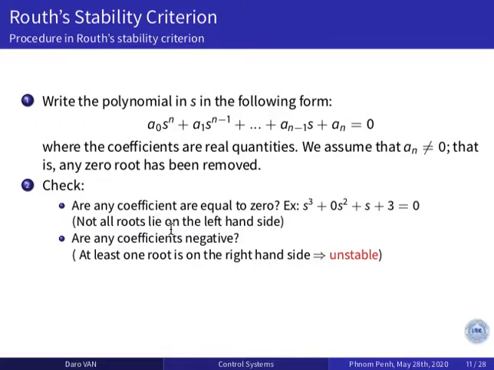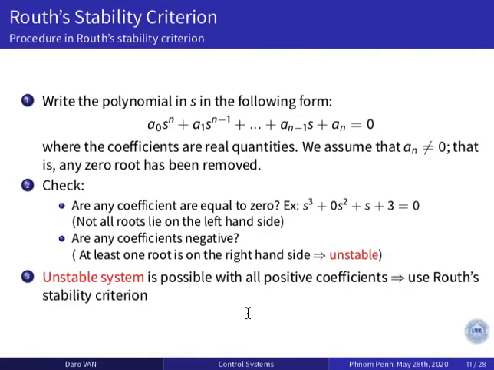The second question is, are any coefficients negative? If so, then at least one root is on the right hand side, and it is an unstable system, so you don't want to have this.